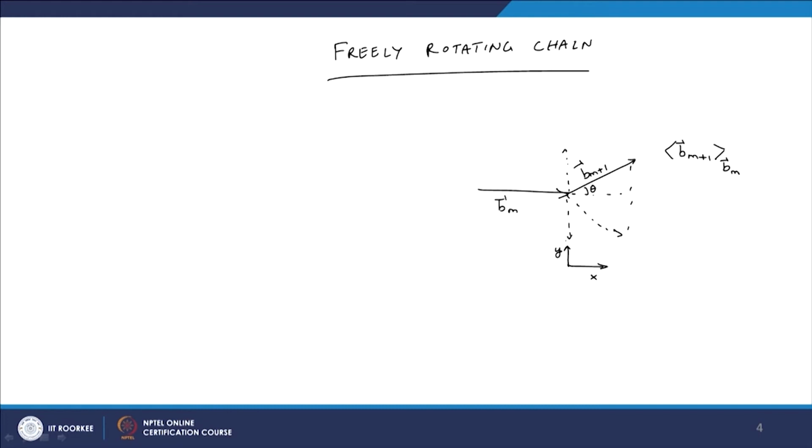If a bond vector is here, it is equally probable to have a bond vector there. The y components cancel, but the x components add up. This must be equal to B_m multiplied by some cos theta, because the same vector is reproduced here, and the cos theta of it becomes that vector.